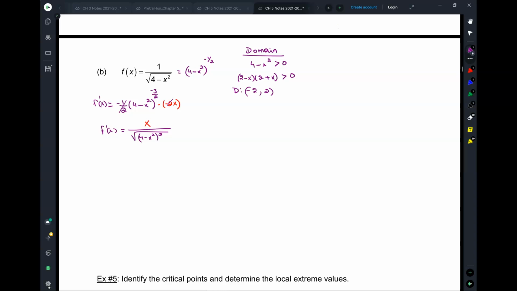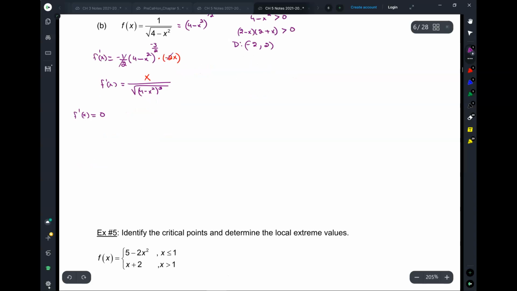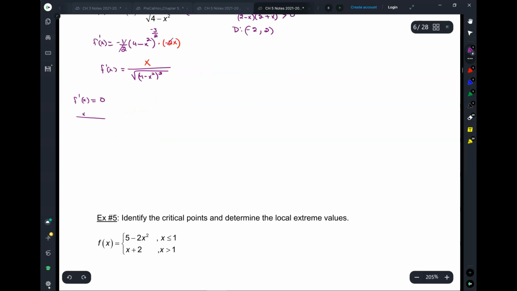All right. So let's see, where is f prime of x equal to 0? We're going to take this whole thing and set it equal to 0. You cross multiply, x is 0.